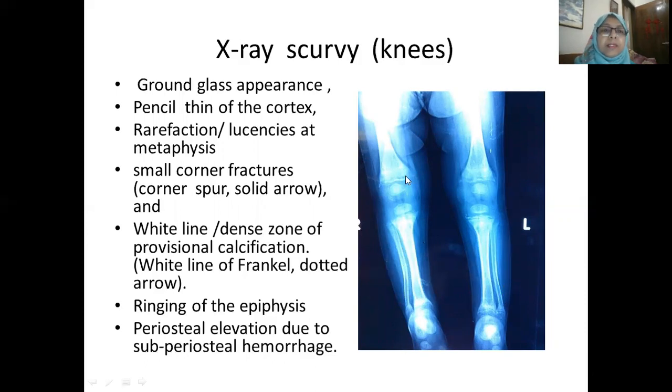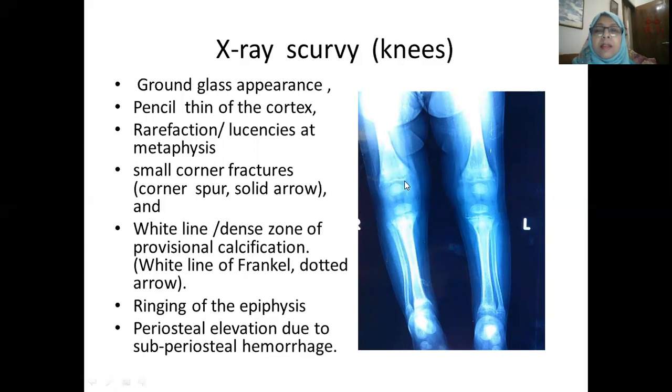First of all, come to the point here. We have already told about the ground glass appearance and the pencil thin cortex of the long bone. Here come to the point, white line or dense zone of provisional calcification. It is also called white line of Frankel.